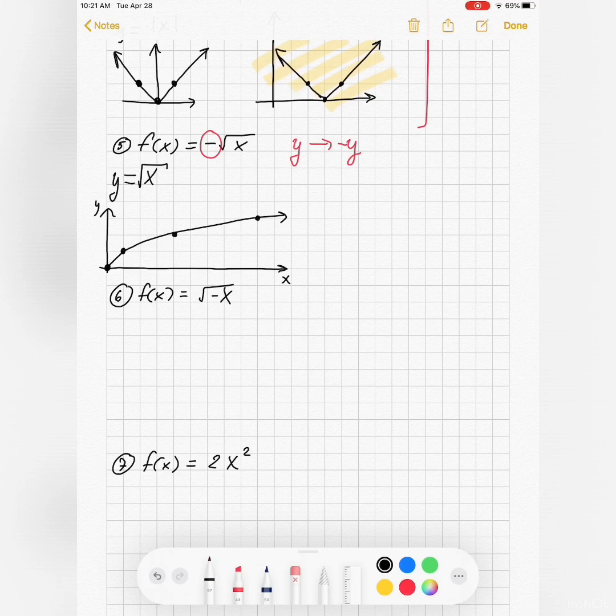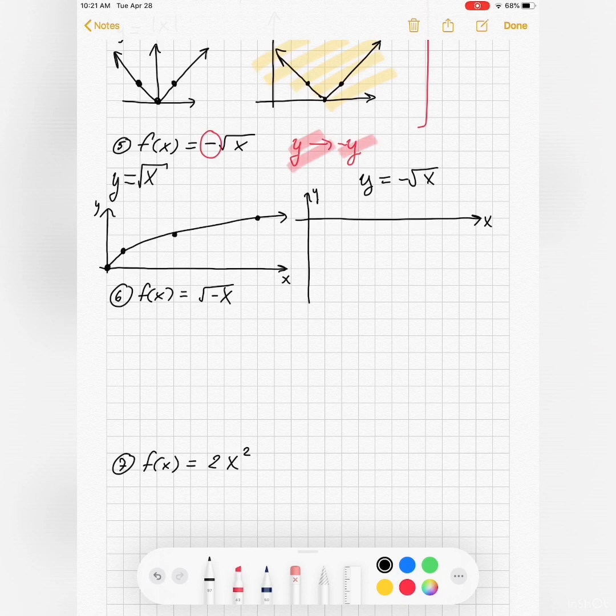So let me draw a coordinate plane here, I guess. Okay, so look, now I'm graphing y equals negative root x. So each y, I'm just following this rule, each y is going to become negative.